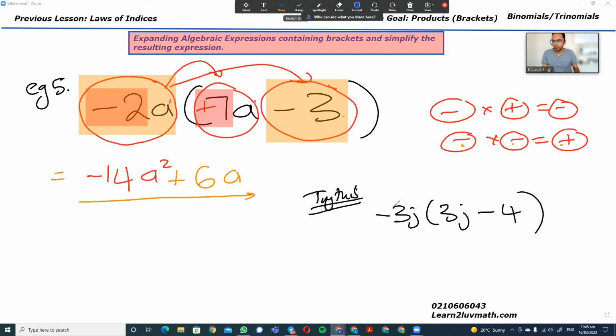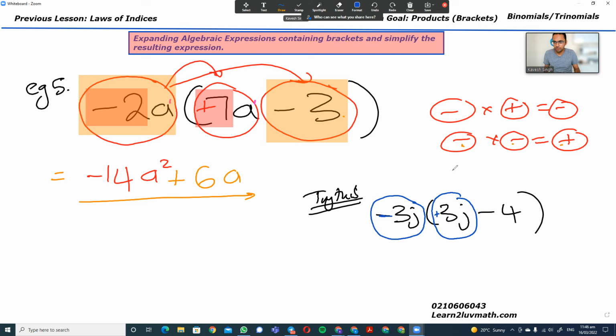All right, so let's go through this one. We got negative 3j multiplying by 3j with an imaginary positive. Let's take the signs and multiply them together. I did start with the variables, sorry, from this side here, but I can start from the left-hand side. Let's start with the signs.